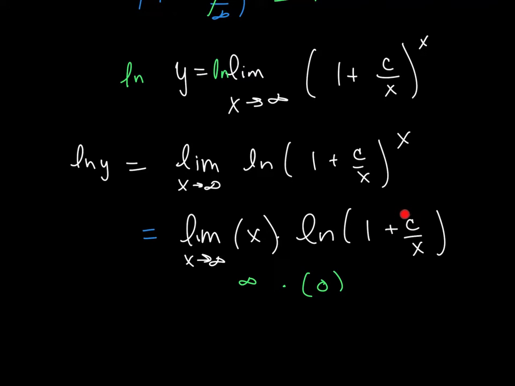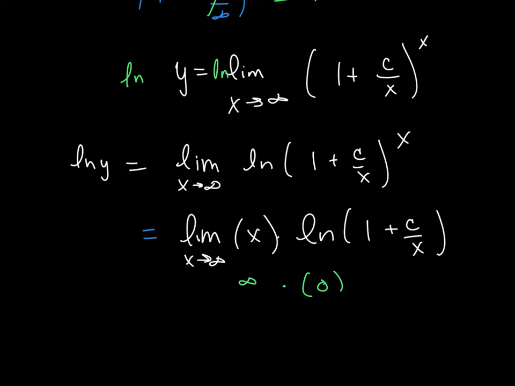That's because c over x when x goes to infinity is 0, leaving you with the natural log of 1, and the natural log of 1 is 0. Now, we can't use L'Hopital's rule with this. We have to do a little work. There's a little trick we can use with this x to get this in the form of 0 over 0, so we can use L'Hopital's rule.